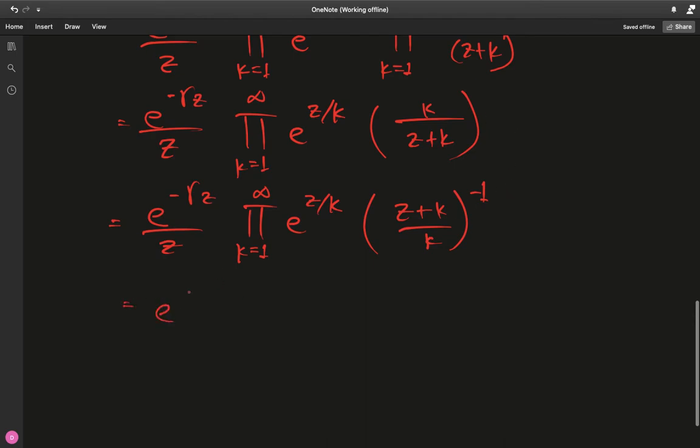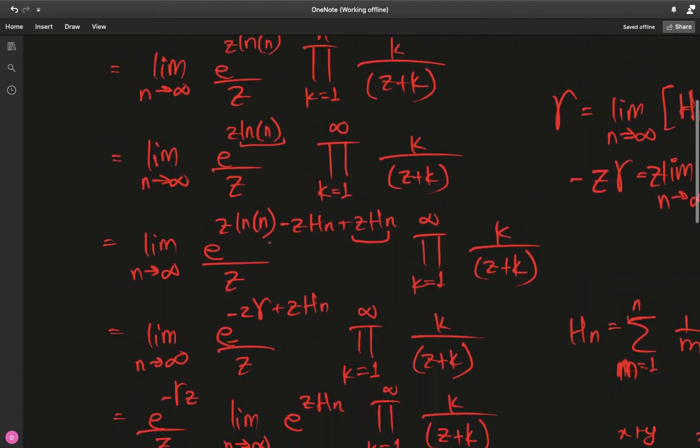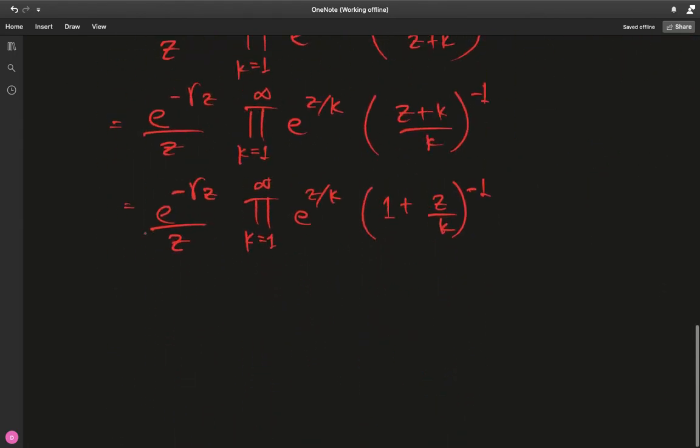So we can still have a final simplification, e to the minus gamma z over z, and then product from k equals 1 to infinity of e to the z over k, and then this will become 1 plus z over k to the minus 1 power. And what is all this equal to? Gamma of z, right?